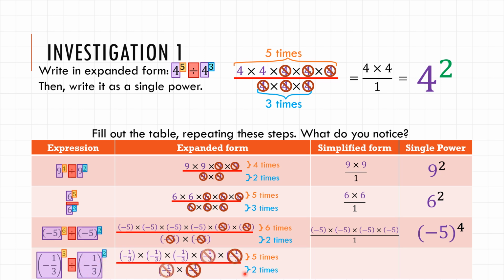And again, we do our cancellations. Now, only 2 of them will cancel out. Similar to this one, only 2 will cancel out. Over here, we had 3 canceling out, and we're left with just 3 negative 1 over 3's on the top. What does that mean? That this is negative 1 over 3 to the power of 3.